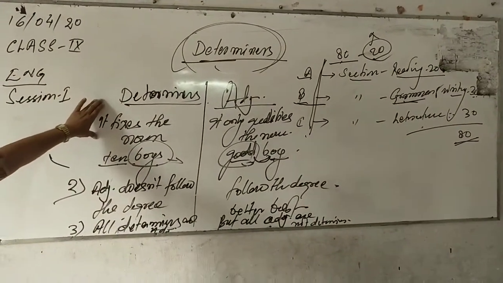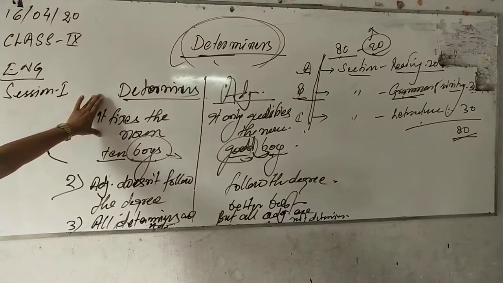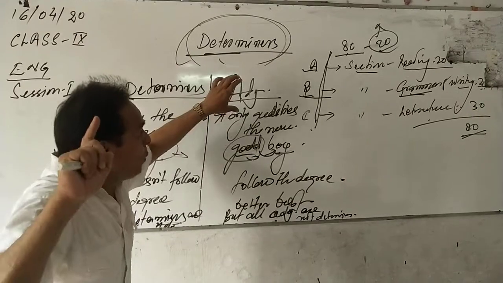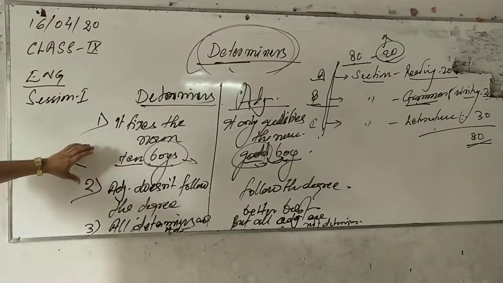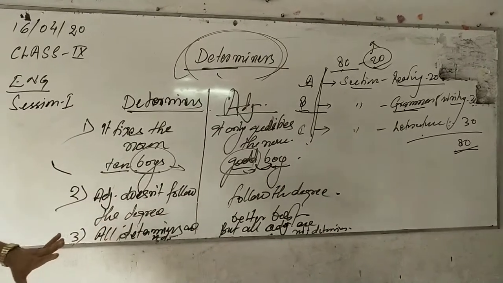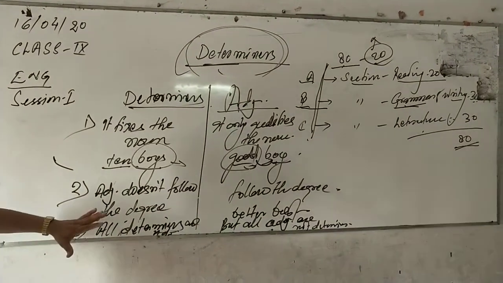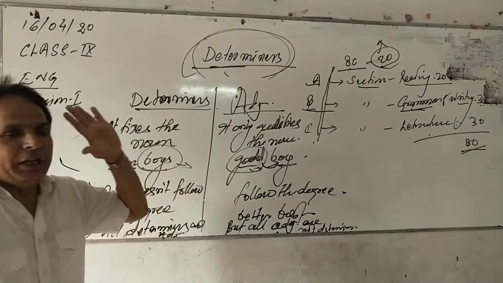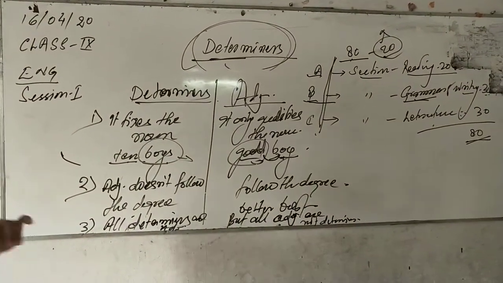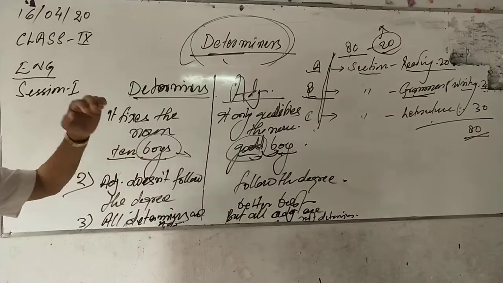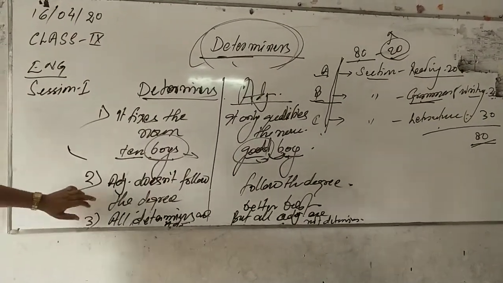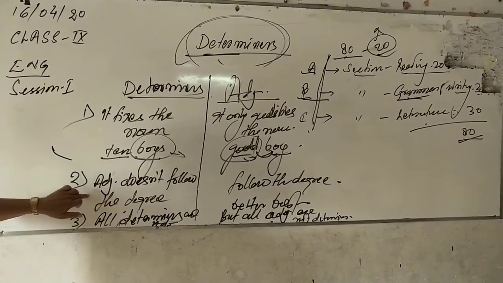A determiner fixes the noun at a certain level, number one, but an adjective doesn't fix. It qualifies the noun. Second difference we can see: all adjectives follow the rule of degree: good, better, best, rich, richer, richest. But some of the adjectives that do not agree to follow the rule of degree are termed as determiners.